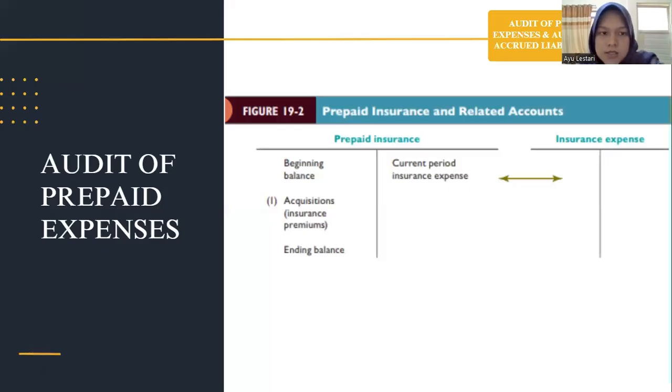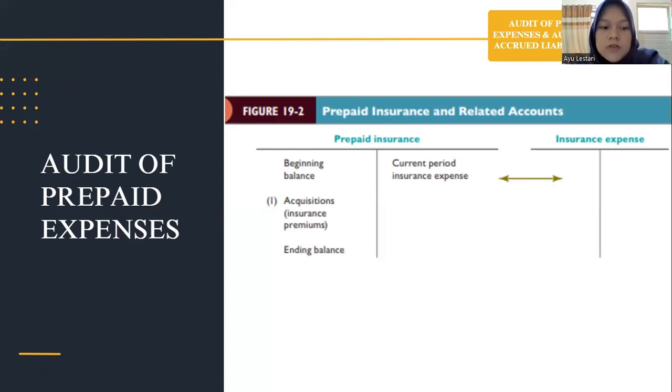So this is the picture of prepaid insurance related accounts. It shows the accounts used for prepaid insurance and the relationship between prepaid insurance and the acquisition and payment cycle through the debit to the prepaid insurance account, because the source of the debit in the asset account is the acquisition journal.